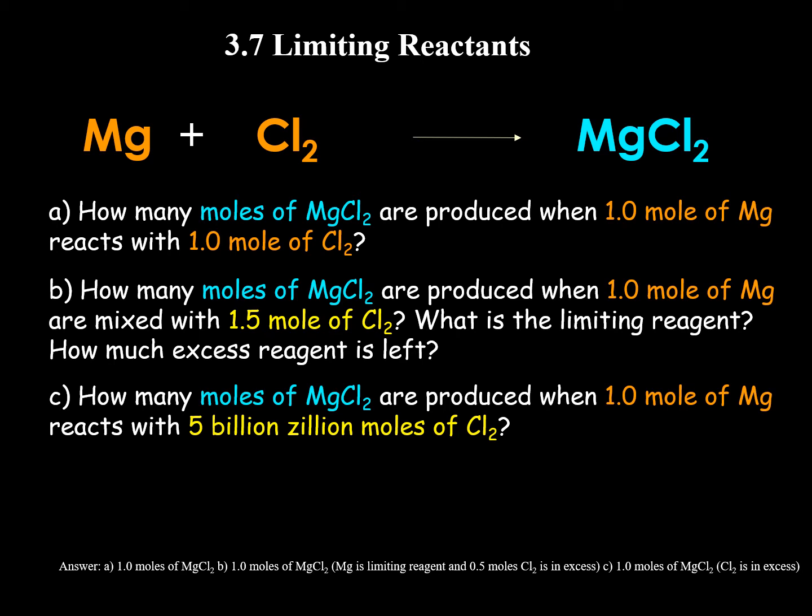So the next one, part B: how many moles of MgCl2 are produced when 1 mole of Mg is mixed with 1.5 moles of Cl2? What is the limiting reactant, and how much excess is left over?